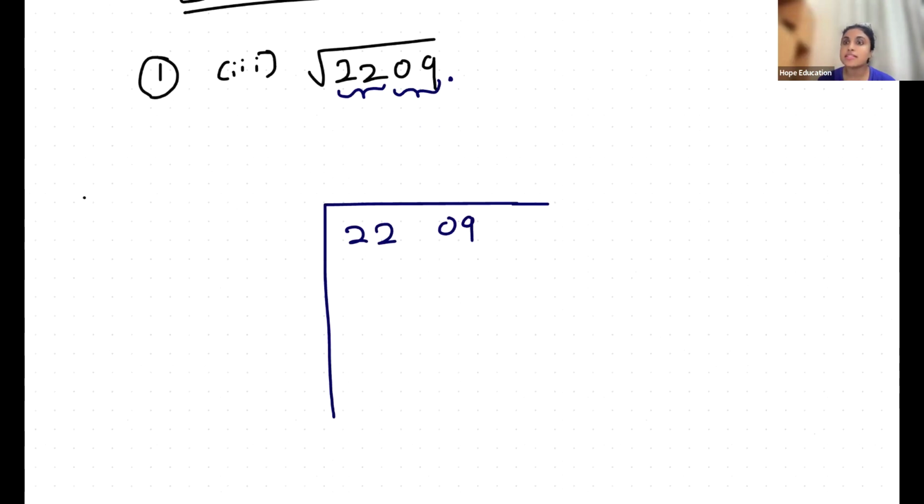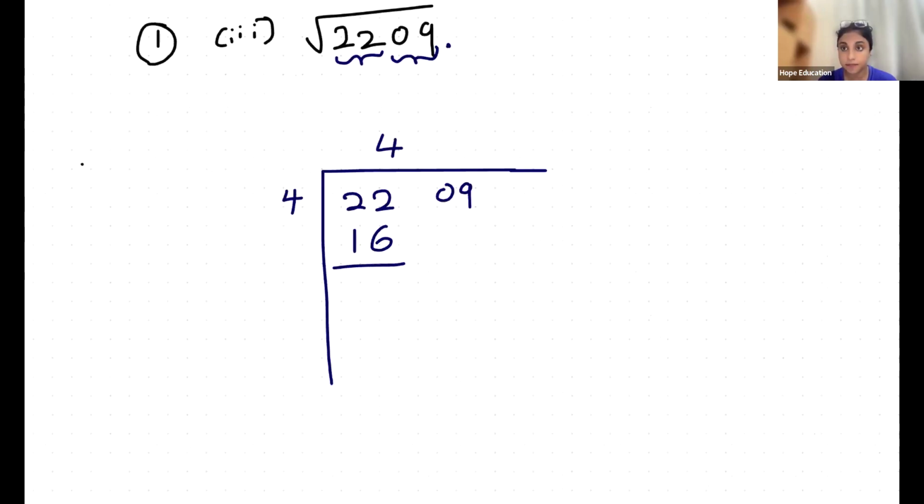The perfect square that is immediately before 22 is what? 16. And 16 is formed as 4 times 4. Then 22 minus 16, we get the answer as 6.